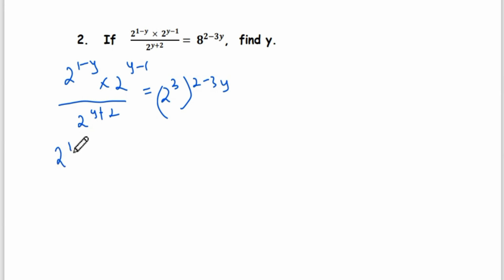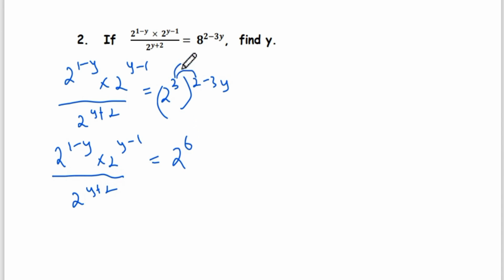That's 2 raised power 1 minus y times 2 raised power y minus 1 divided by 2 raised power y plus 2 is equal to 2 raised power 3 multiplied by 2 is 6, and 3 multiplied by minus 3y is minus 9y. Law of indices: when you have multiplication, you change it to addition.